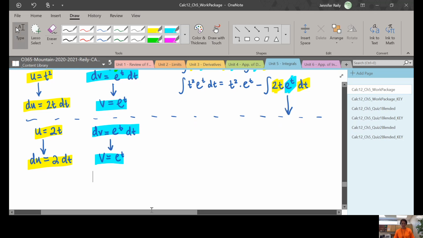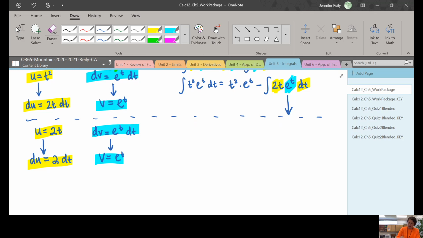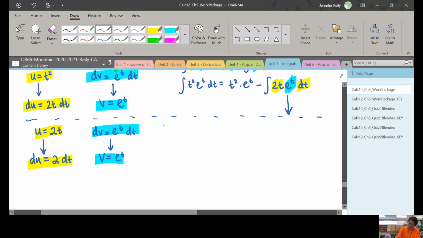Okay, so at this point, I'm going to replace everything there. So I'm going to write the whole thing out, though. So my original integral equals t squared times e to the t minus, okay, so I need uv minus integral of v du. So uv is 2t e to the t.